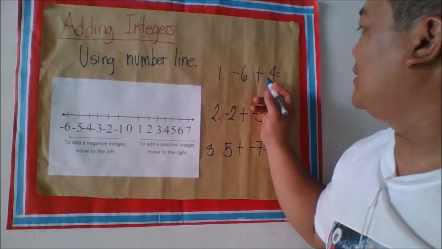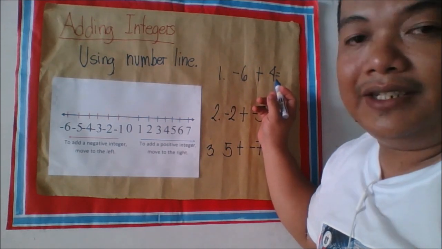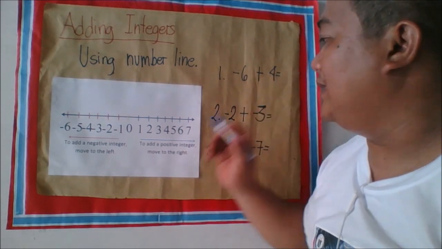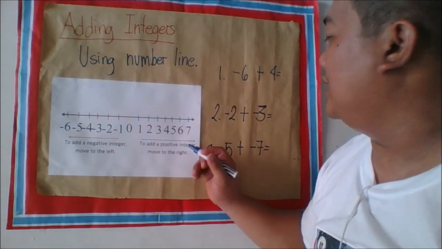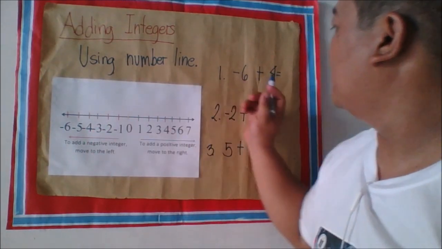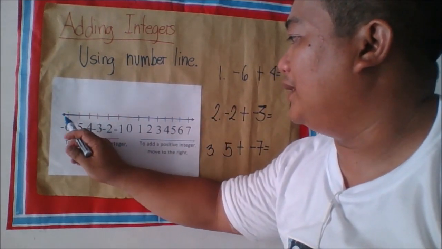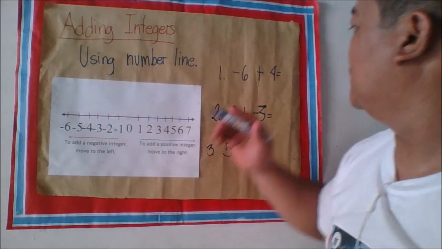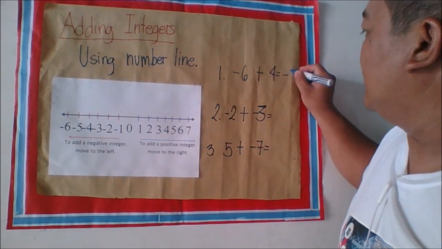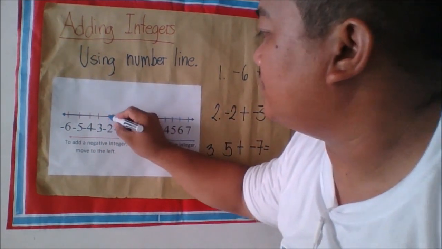Since our other addend is positive, a positive integer will go to the right. So positive 4, that is from negative 6, 1, 2, 3, 4. So the answer would be negative 2.